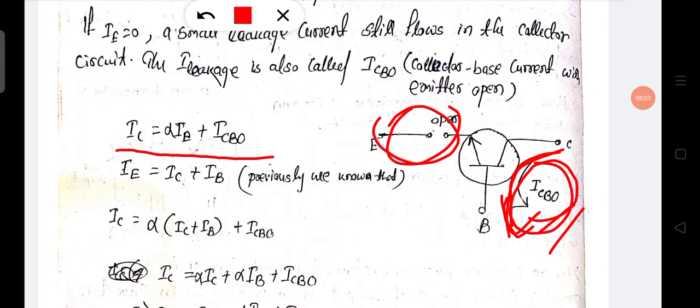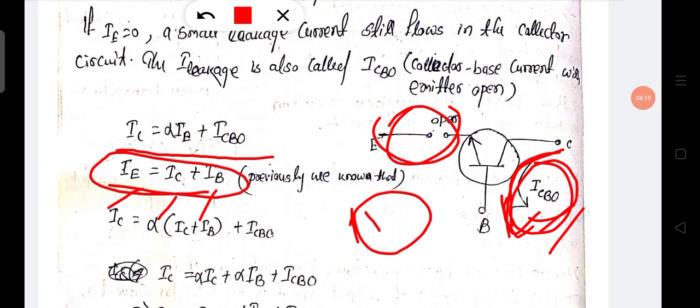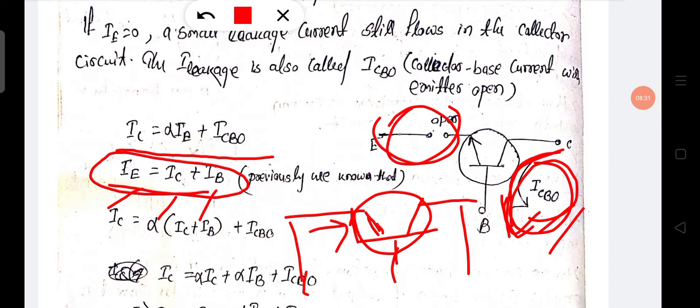We previously know that in an ideal transistor, IE equals IC plus IB. When we studied BJT, I told you that in ideal condition, IE equals IB plus IC.